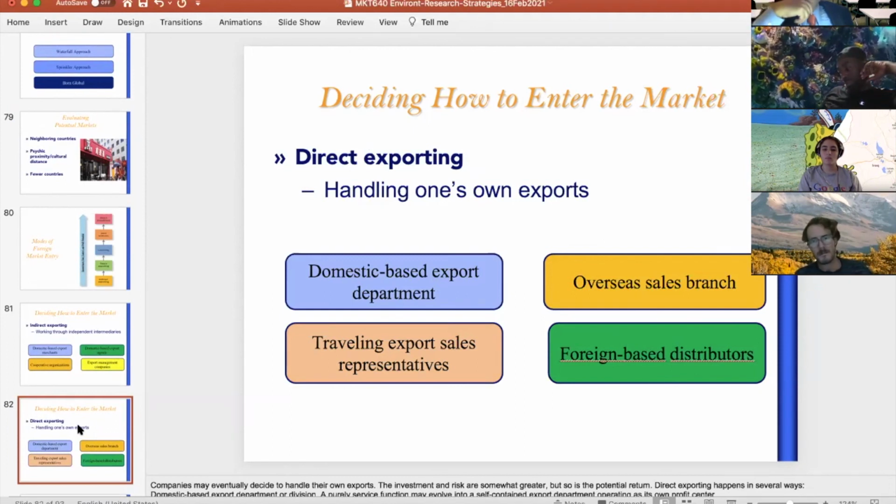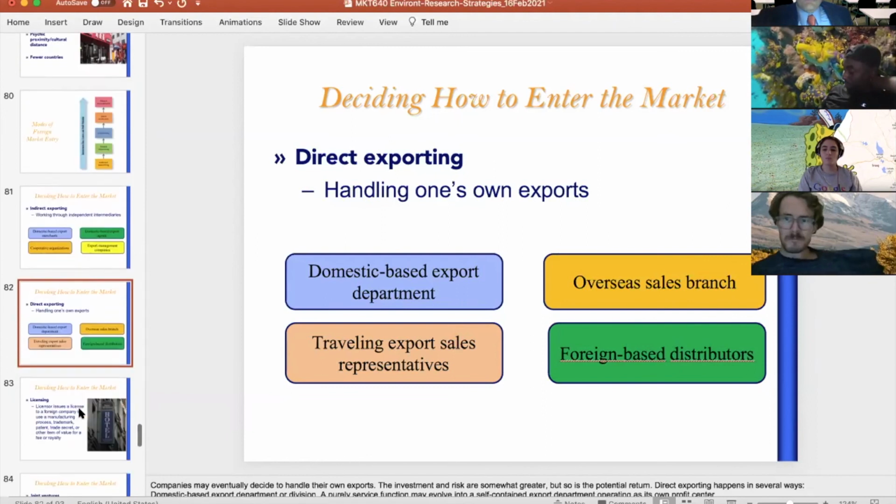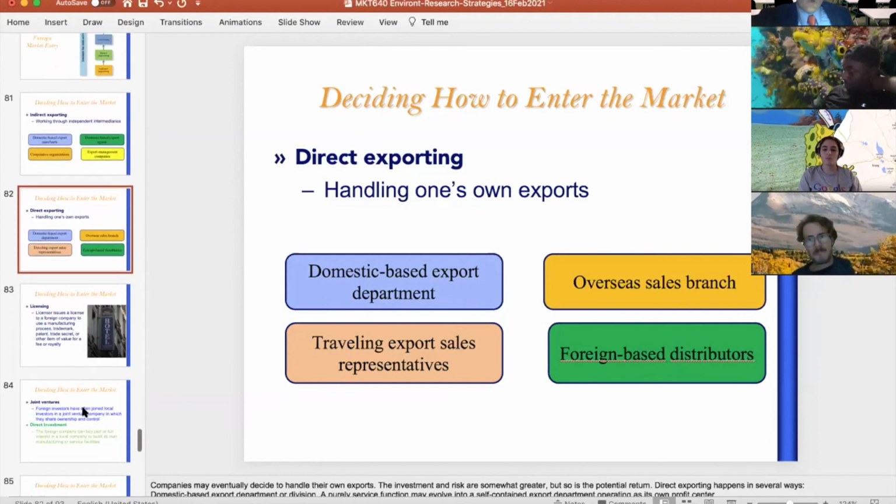After they go back and forth for a while, maybe they settle in the country, and then they create the branch. And once this branch is created, not only do they represent you there as a local full-time sales team, but they become the distribution network. So they start doing wholesaling for your company there.